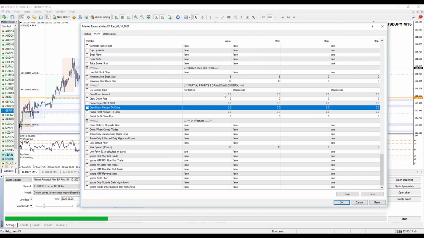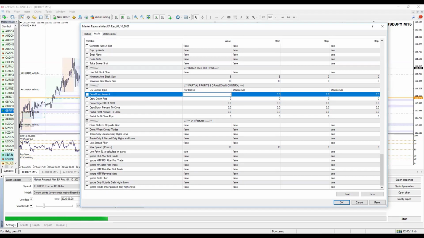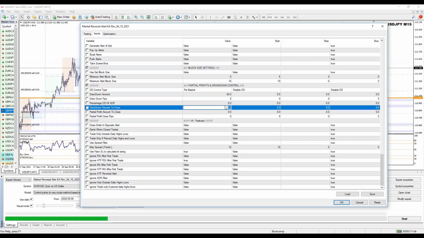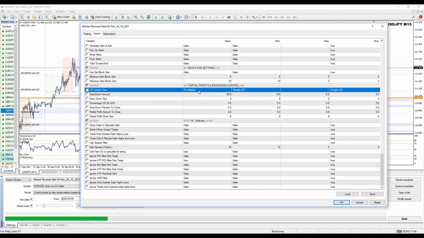So what I would tend to do here is, when my trades get to £30 in drawdown, I want you to close out 1/3 of my position, individual trade. So when a trade gets to £30 in drawdown, close out 1/3 of it for me.